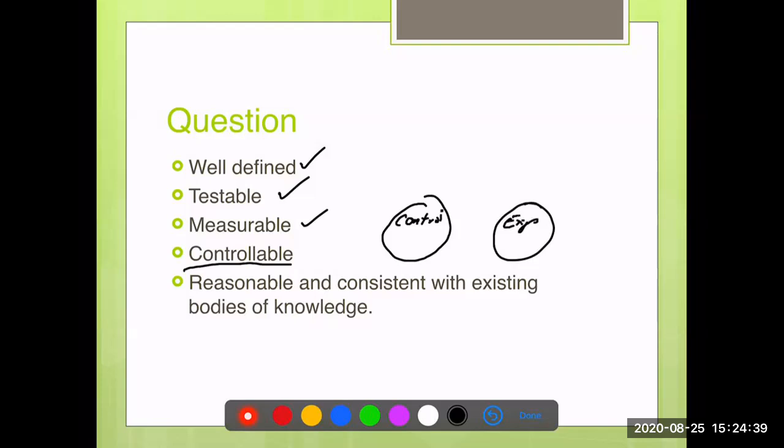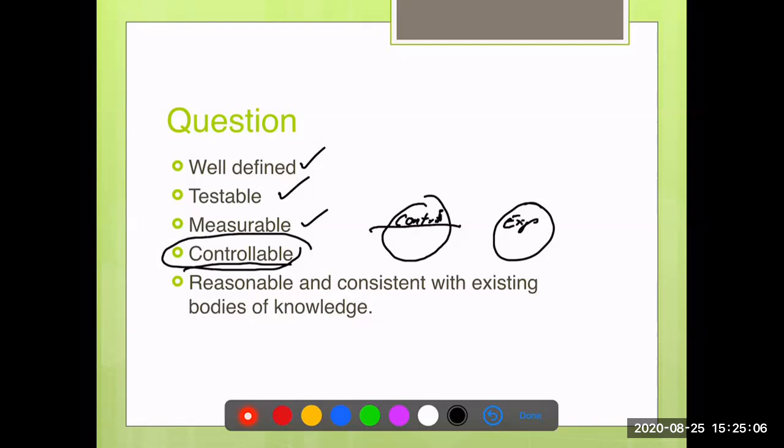The control group and the experimental group should be identical in every way, except the one thing that is different between the two, the thing that you are testing. That's what we mean by controllable. I'm going to give you an example in the later part of this presentation, and I hope that by then you'll understand the difference between a controllable variable versus a control group. Those are two different things.